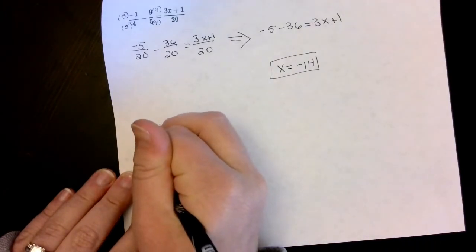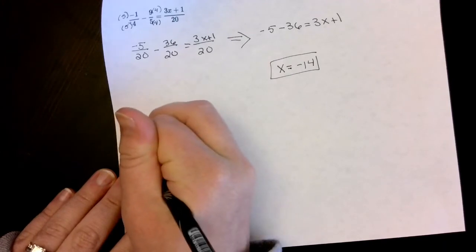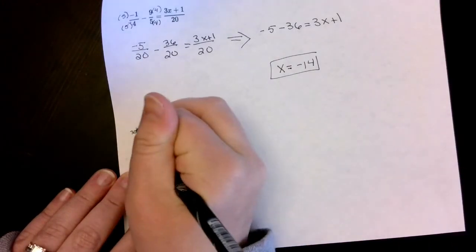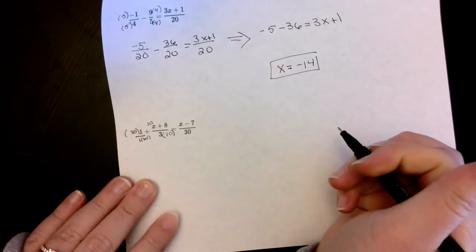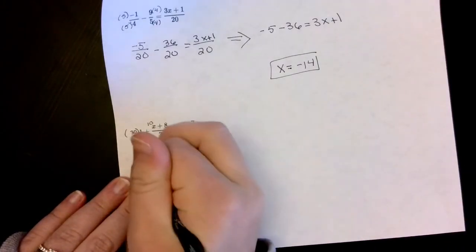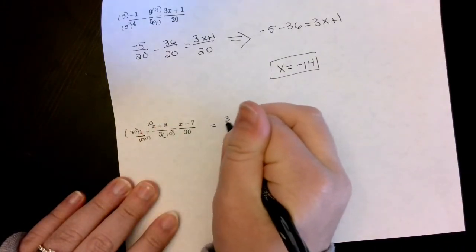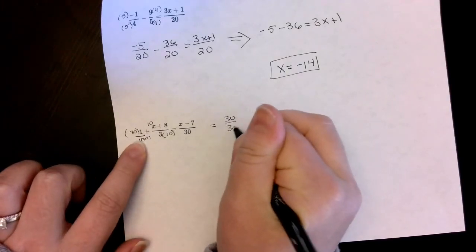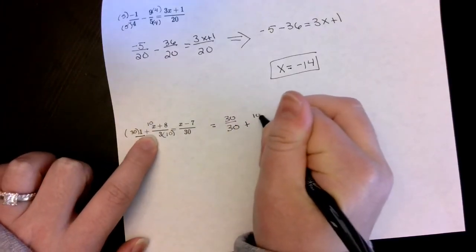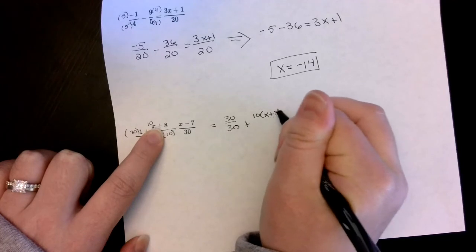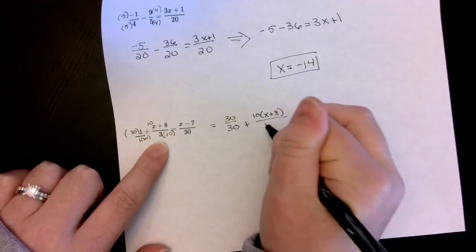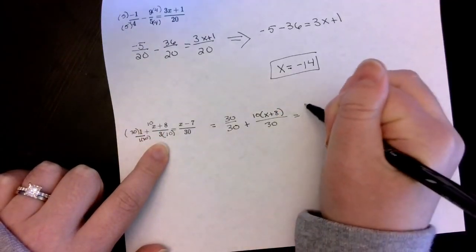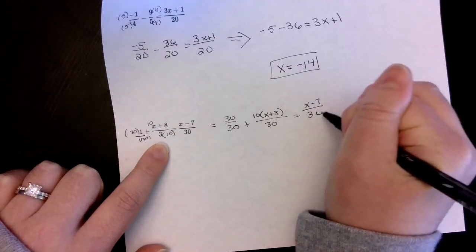I need to multiply 1 by 30, which means I have to do it on the top also. We can rewrite this now as 30 over 30 plus 10 times x plus 8 in parentheses over 30 equals x minus 7 over 30.